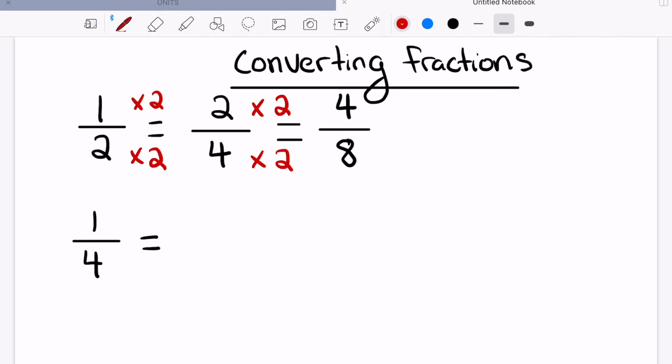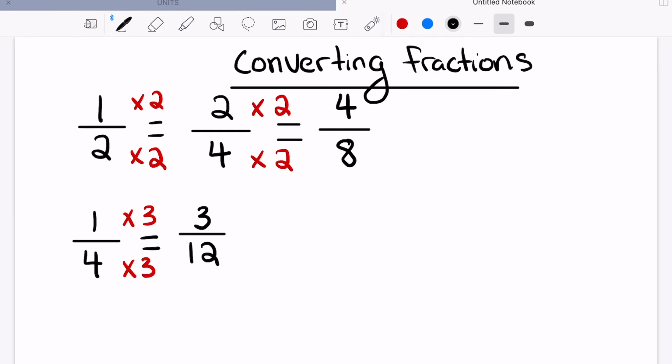We can do times 3, but we have to do it to the top and the bottom. So 3 times 1 equals 3, and 4 times 3 equals 12. So 1/4 is equal to 3/12.